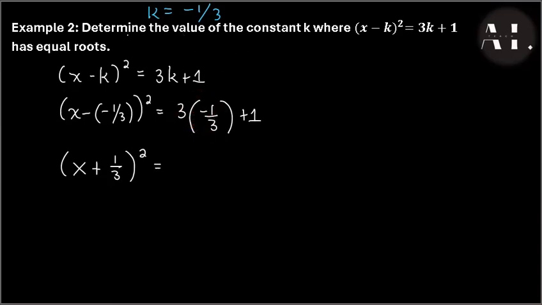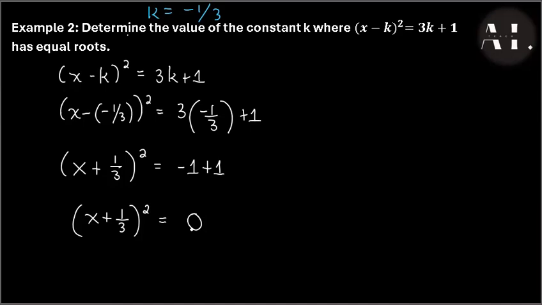Multiplying these two will give us -1. Now this simplifies as x plus 1/3. So the square of x plus 1/3 is equal to 0.